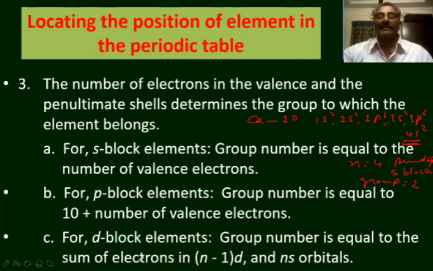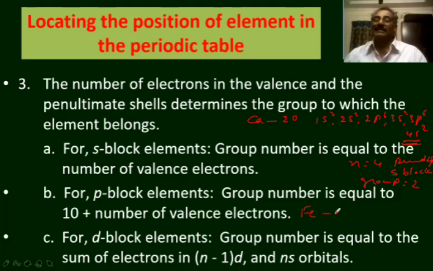In the case of d block elements, group number is equal to the sum of electrons in n-1 d and ns orbitals. For example, iron is a d block element.